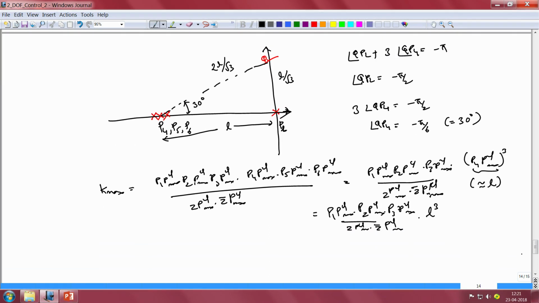However, KQ is going to be equal to PLQ times P4Q cubed.